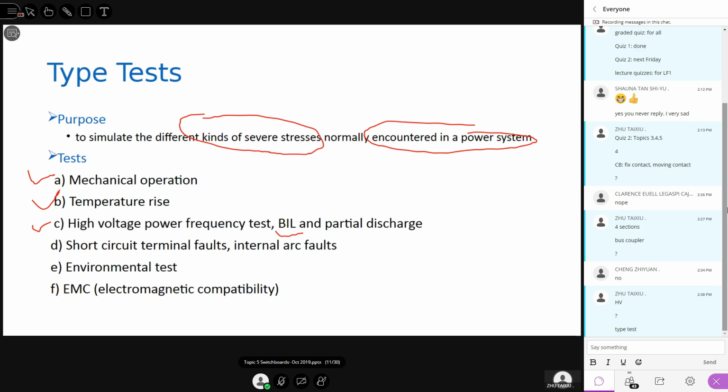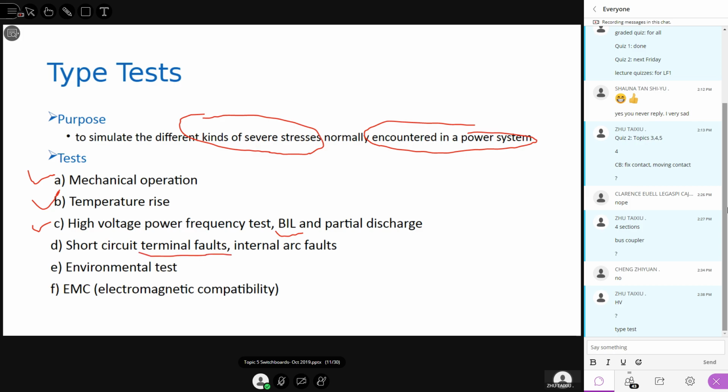That means you apply a kind of impulse to test your device. Sometimes this kind of test can be destructive. That means if your device cannot survive this test, then you have to redesign or redo your switchboard.